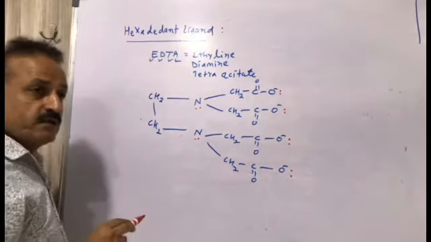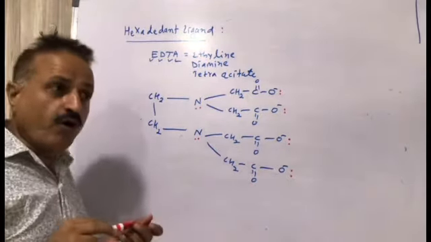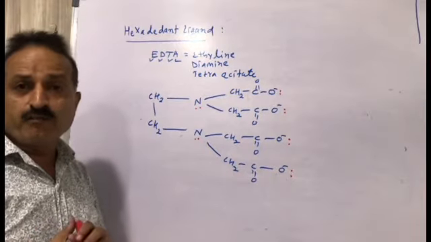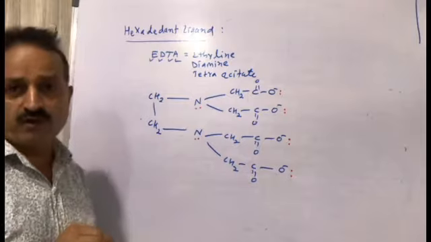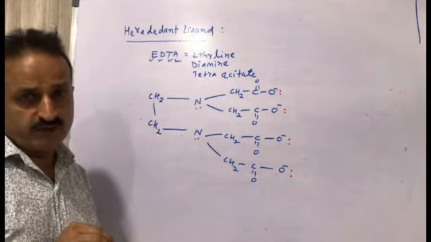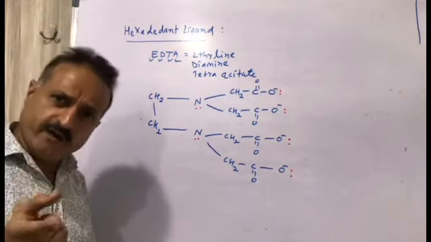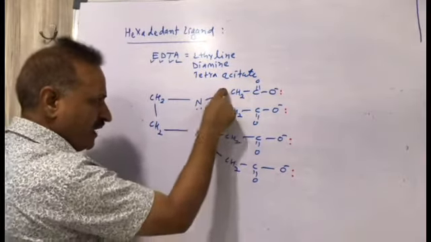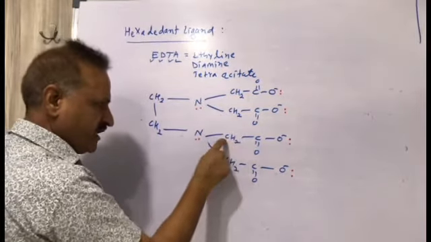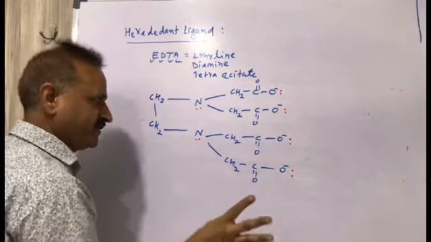Now, what is the structure of the coordinate compound related to the hexadentate ligand, which is also not drawn in your textbook? That I am drawing. Again repeating, ethylene diamine, 1 acetate, 2 acetate, 3 acetate, 4 acetate, tetraacetate.